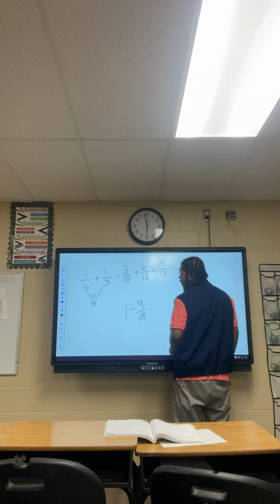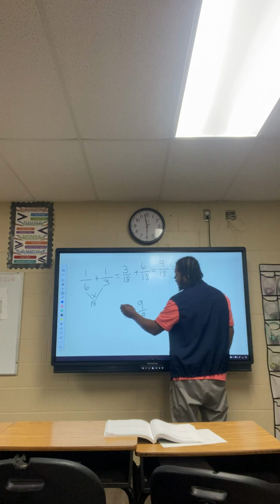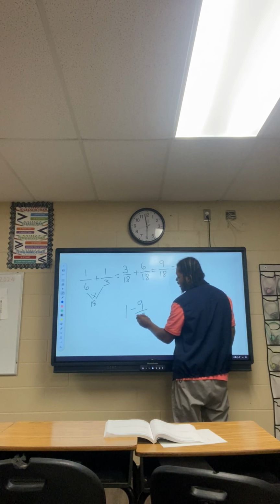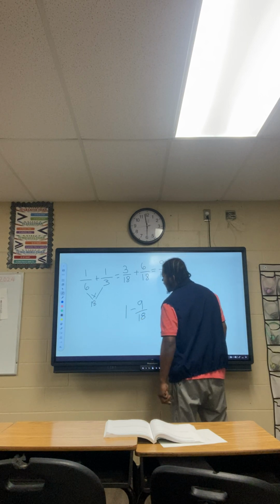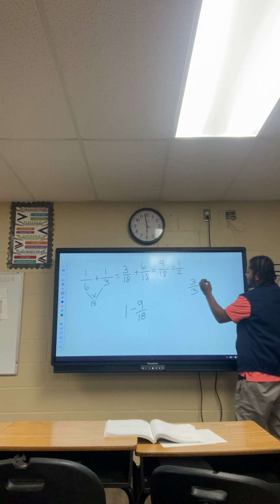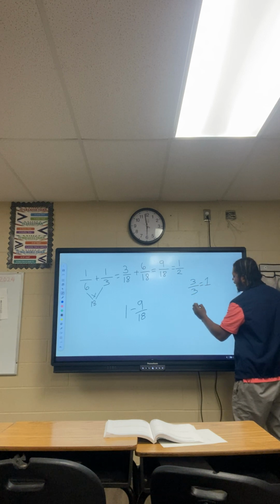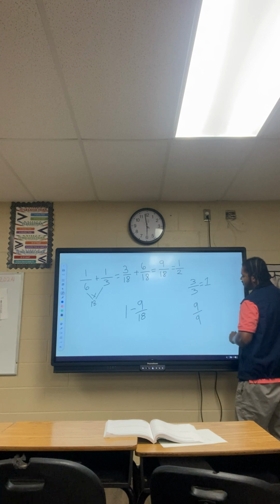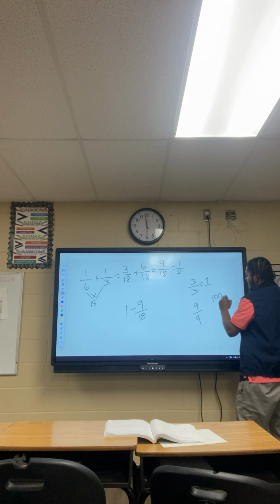Okay, very simple. We need to make a fraction out of this number. It has to have the same denominator and still be equal to 1, all right? So I always come over and do a couple of examples. That is equal to 1. This is equal to 1, okay? That is equal to 1, all right?